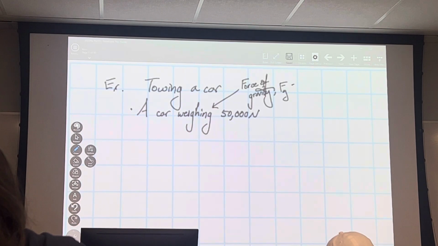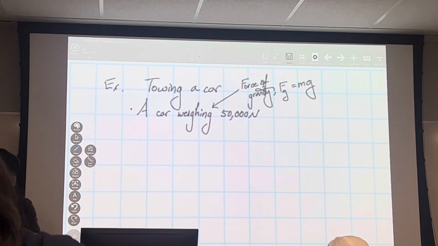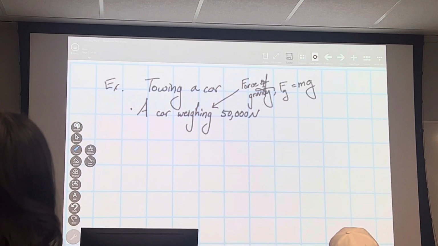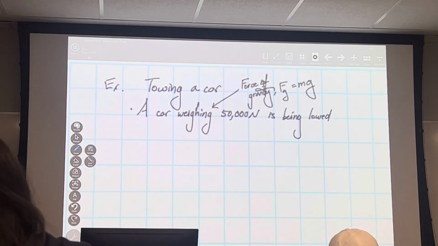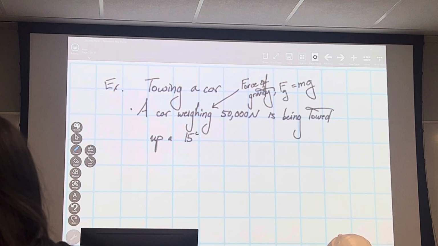Remember, Fg is equal to mass times a gravitational constant g. So when we say something has a weight, we're talking about the force of gravity. So a car weighing 50,000 newtons is being towed up a 15-degree hill at constant speed.